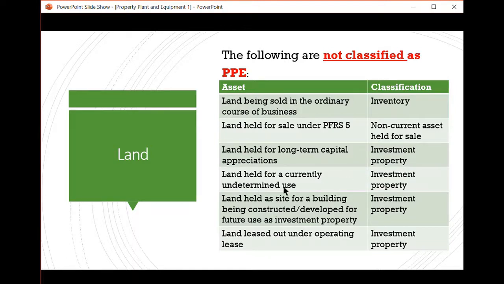If it is a land held as site for a building being constructed and developed for future use as investment property, klaro na kayo ni siya, di ba? The intention is for it to be used as investment properties. Of course, that's classified as investment property. And if it is leased out under operating lease, gipaabangan na nimo siya, that's an investment property.